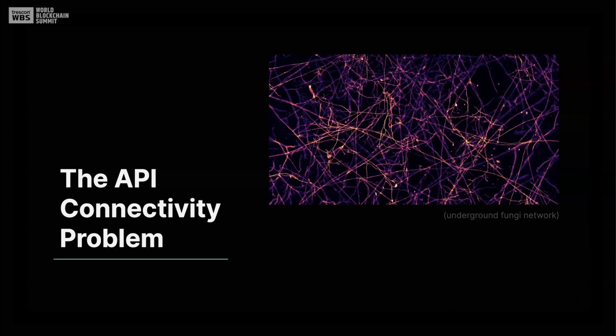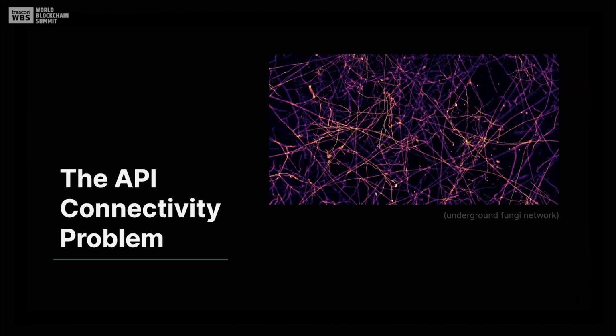Nodes don't actually know what the price of Ether is. And let's say you want to make insurance products, like travel insurance or weather insurance, you need travel data and weather data. These are all things accessible via APIs, but APIs don't naturally connect to the blockchain.